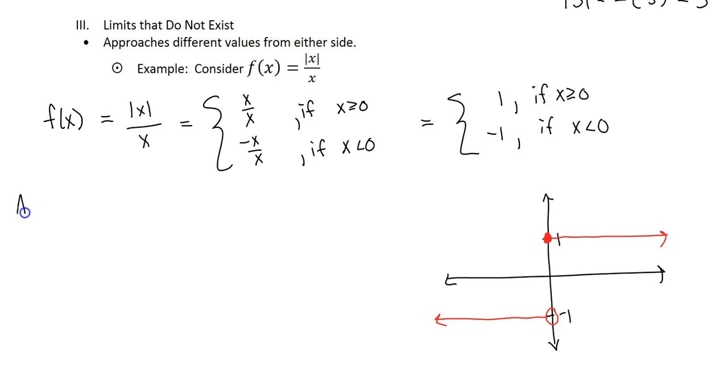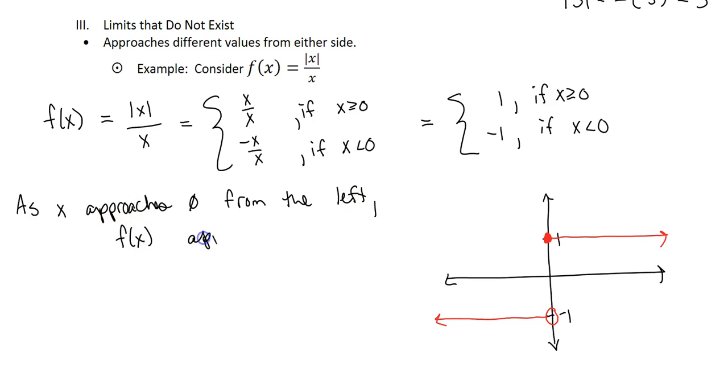Now, as x approaches 0 from the left, we say that f of x approaches -1, and you can see that coming in from this side. F of x is approaching -1. But as x approaches 0 from the right, what is our f of x approaching?